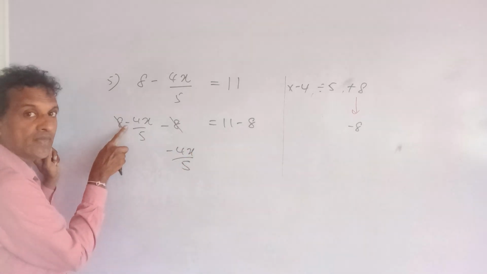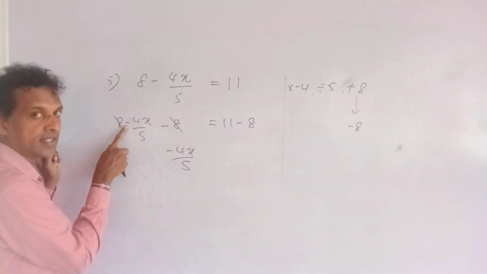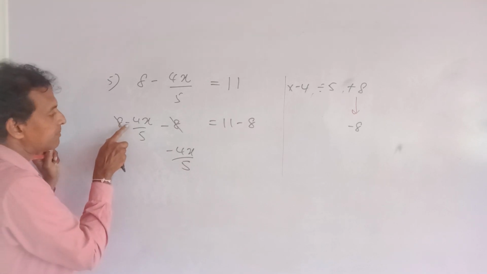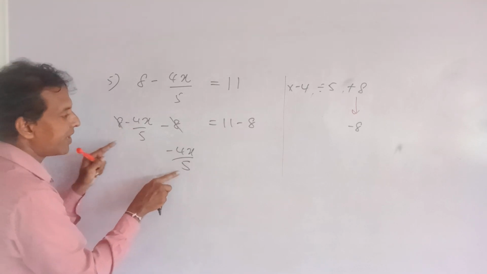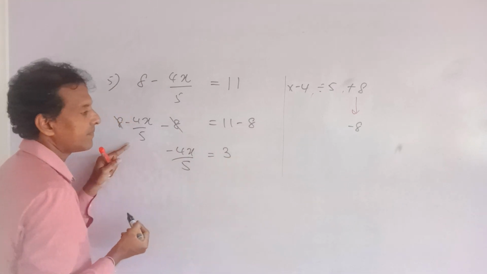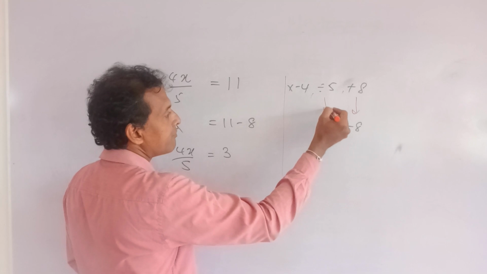Don't forget the sign. The one mistake that our children often make is they forget these signs. Don't forget the sign. The whole answer will be wrong. So this is minus 4x by 5 equals 11 minus 8, which is 3. The next operation is division by 5.